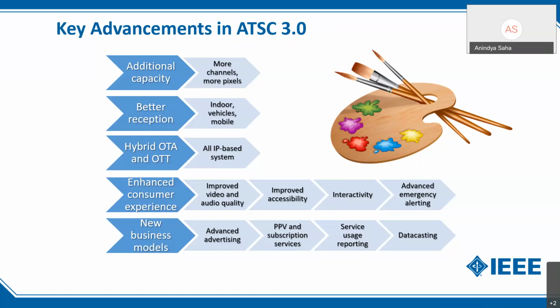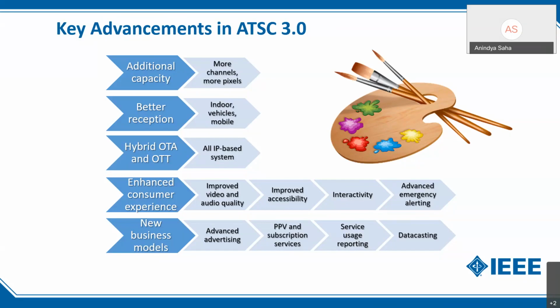Video is just one form of data, and there could be other forms of data. One can think of firmware updates for IoT or even for automobiles. All of those can be addressed by broadcast. So these are some of the key advancements which the standard enables.